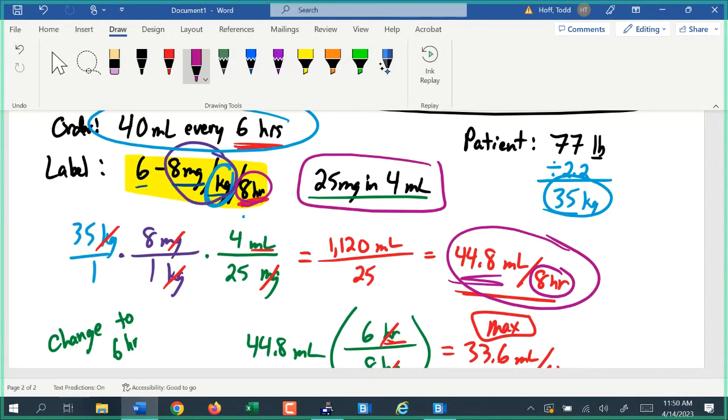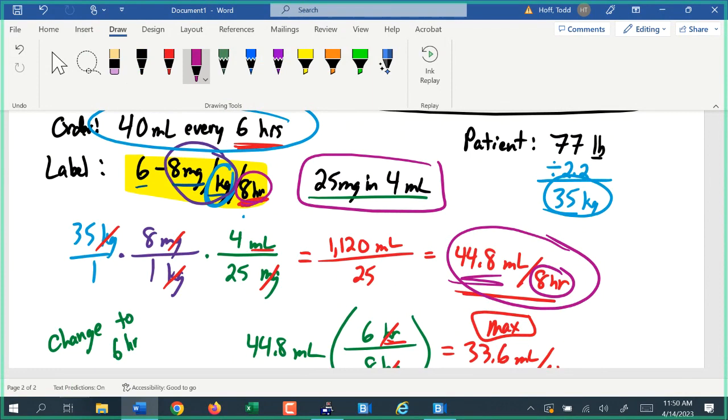So now that would drastically reduce the amount of medication that the person is getting in a 40 milliliter dose. So if it was 25 milligrams in 6 milliliters, the 40 milliliters would be well in the middle of the range, actually towards the bottom of the recommended range. It would increase the volume of medication that would have to be given to get the same number of milligrams of medication in that dose.